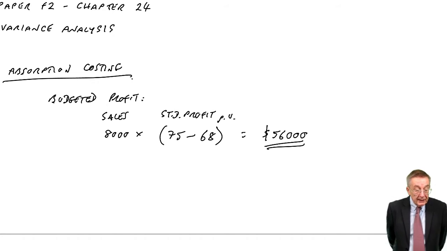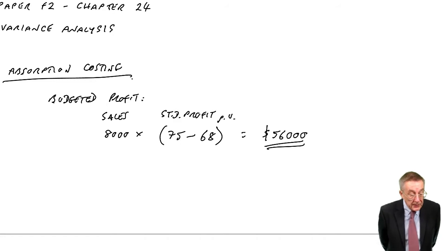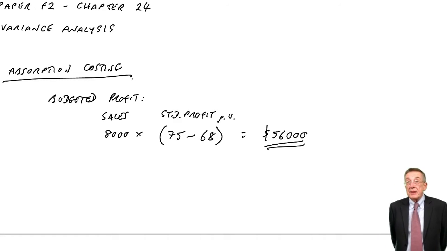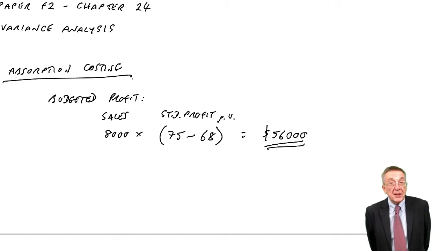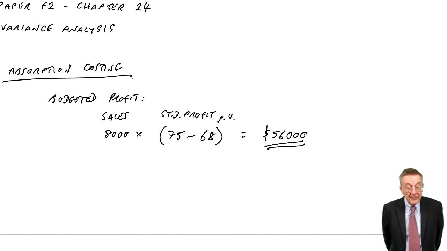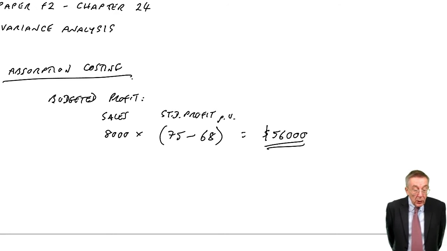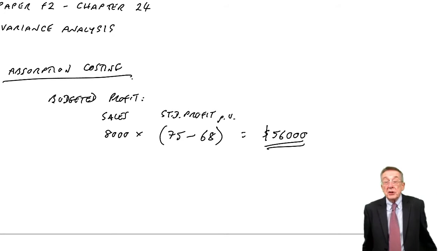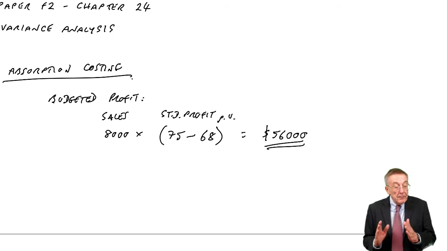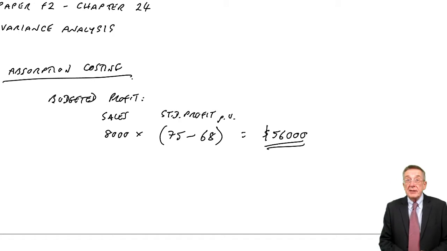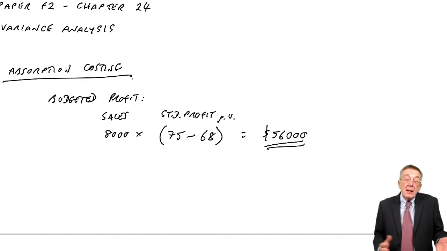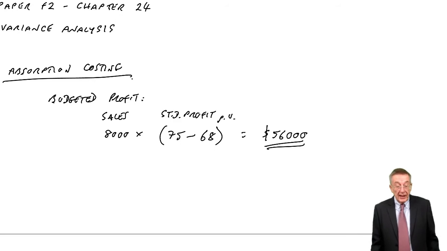However, the actual results, if you go back to the question, are as follows. We actually sold 8,400 units and produced 8,900. So we sold more than we expected. We sold them for $613,200. We'll check later, but they were supposed to sell them at $75 a unit. Maybe they sold them for more, maybe for less.